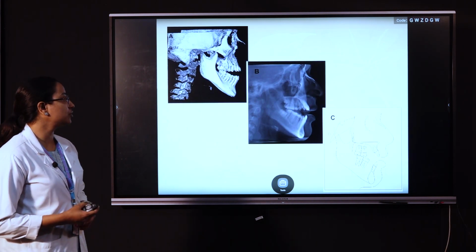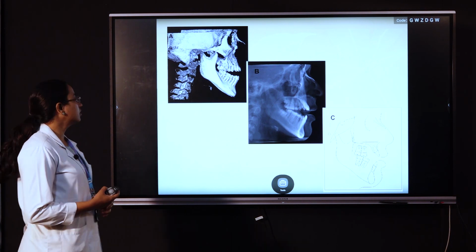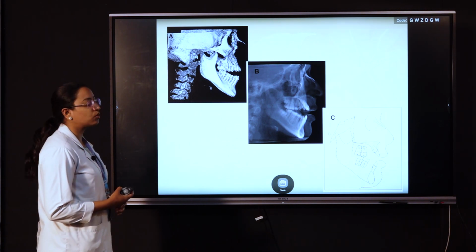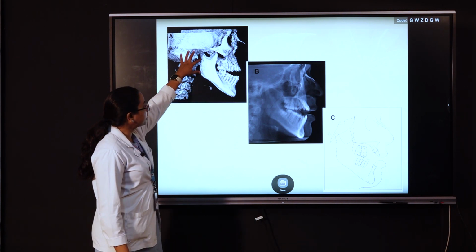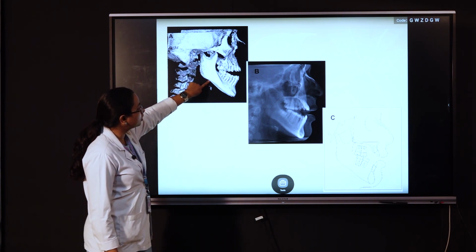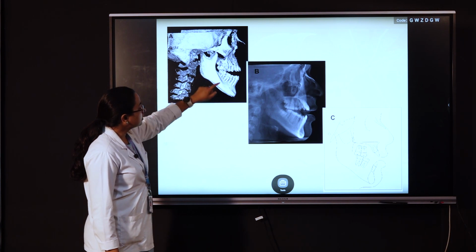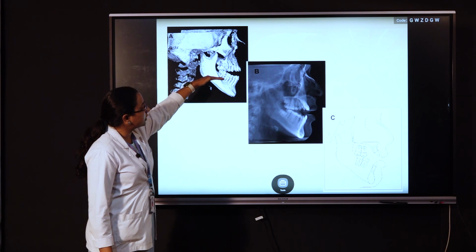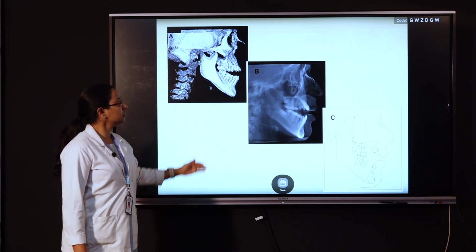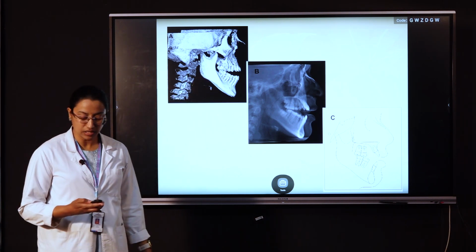In this diagram, you see an X-ray of an open bite patient where we can see a short ramus with a prominent antigonial notch. We can see that the maxillary occlusal plane is diverging upwards and the mandibular plane is diverging down. There is an overall increase in the anterior facial height.